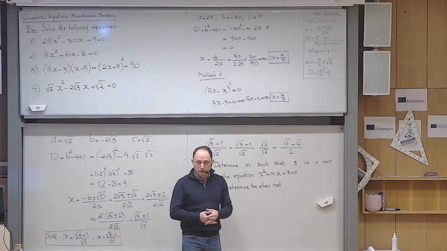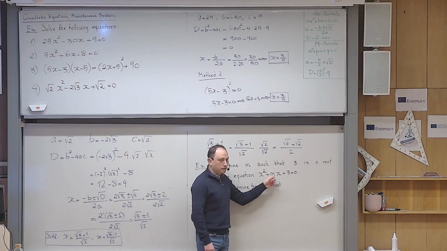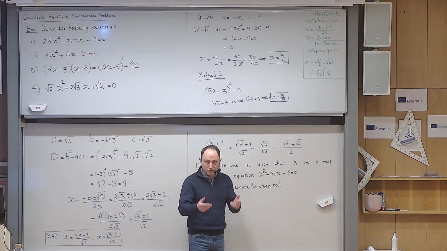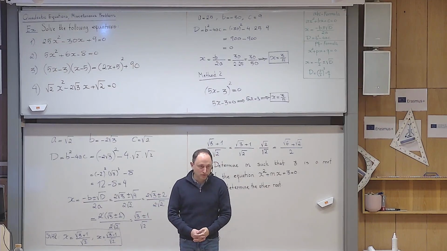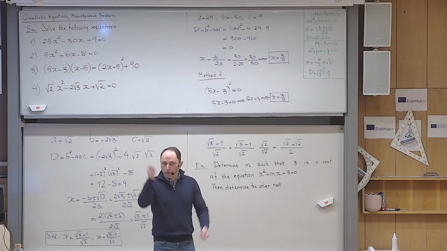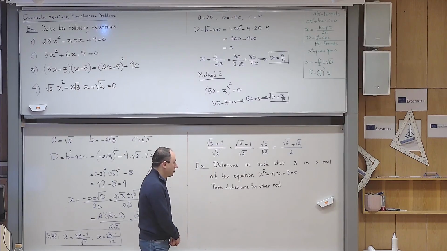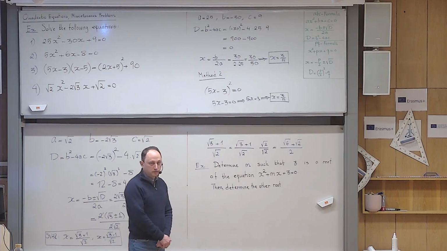It is not guaranteed, you know. I can choose different values for m and produce different quadratic equations, but if I do it randomly, there is no guarantee that the equations I get and solve have 3 as one answer. Okay, I don't want to do random things. I want to systematically solve the problem.